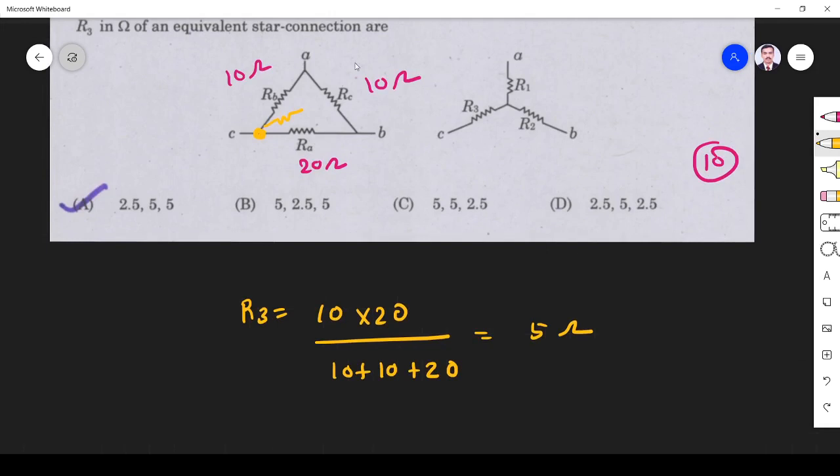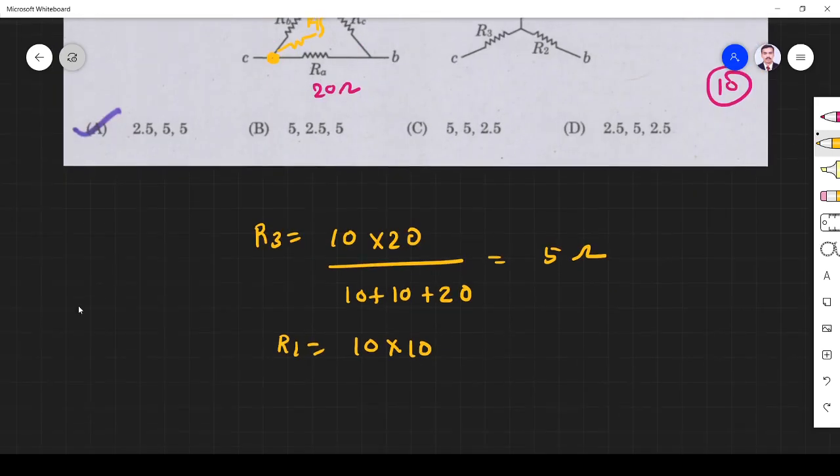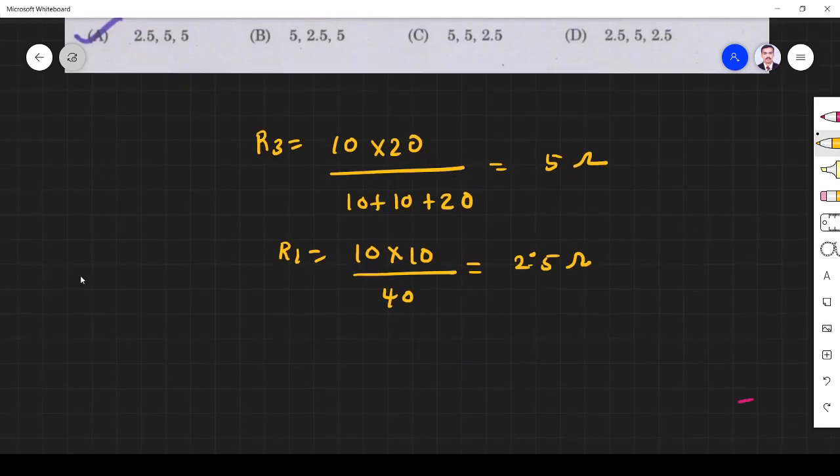Next, let us go to this arm. This arm is given by R1. So again follow the same rule. This is 10, this is 10. Find the product of the resistances connected with the arm divided by total resistance. 100 by 40, 2.5 ohm. Next, sorry, R2.